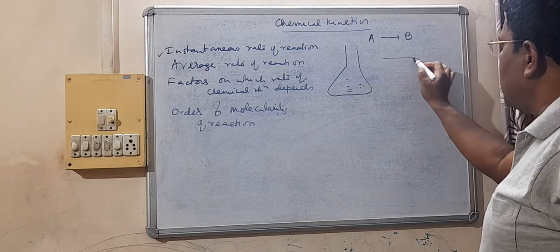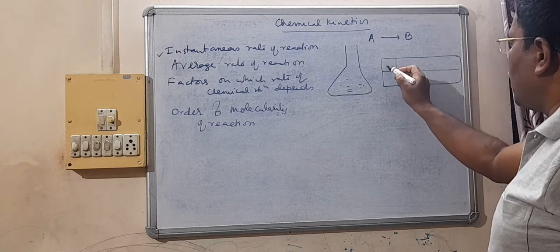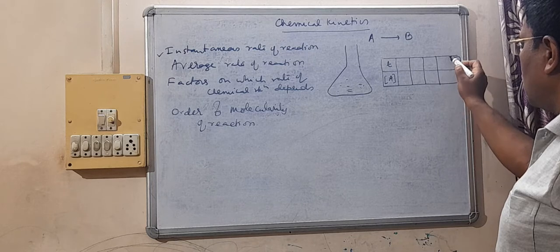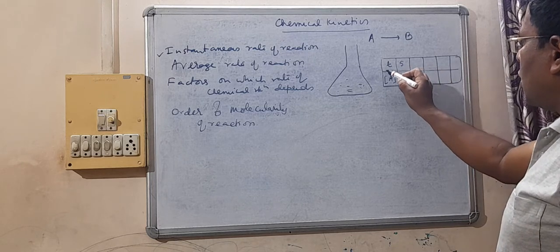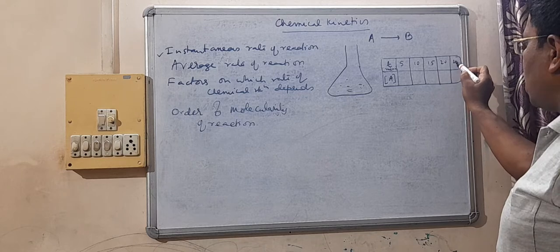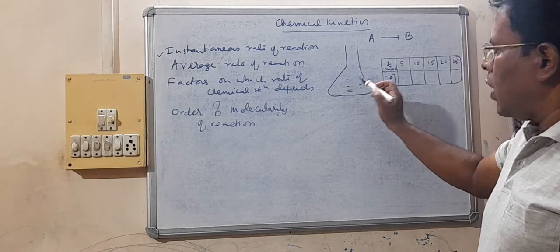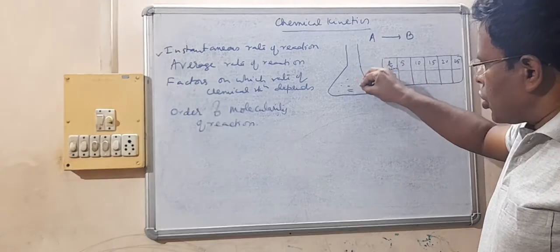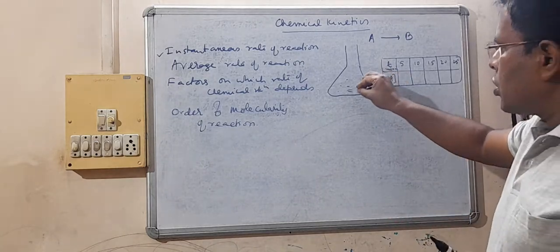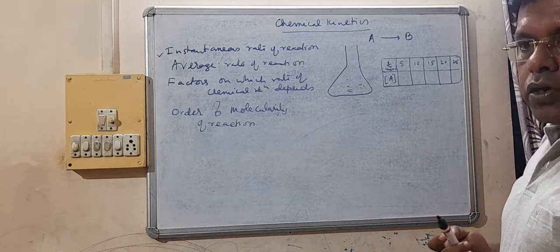Now suppose we make a table here, and we have time and concentration of A. Suppose at 5 minutes, 10 minutes, 15 minutes, 20 minutes, 25 minutes, at this regular time interval, we will find out the concentration of A. There are different ways by which we can measure the concentration of A at a different point of time, and one of the methods is titration, which you are familiar with.